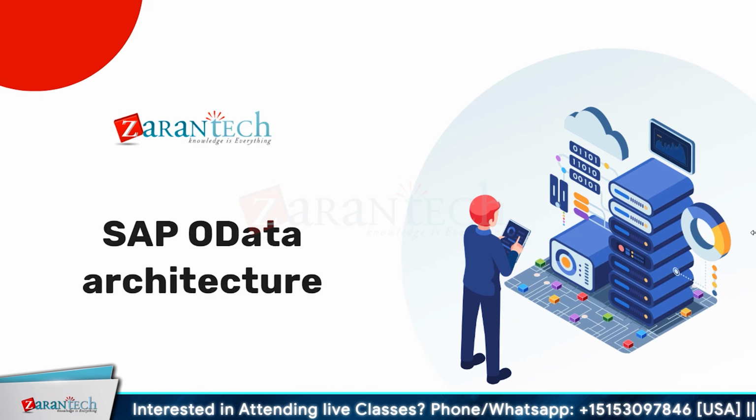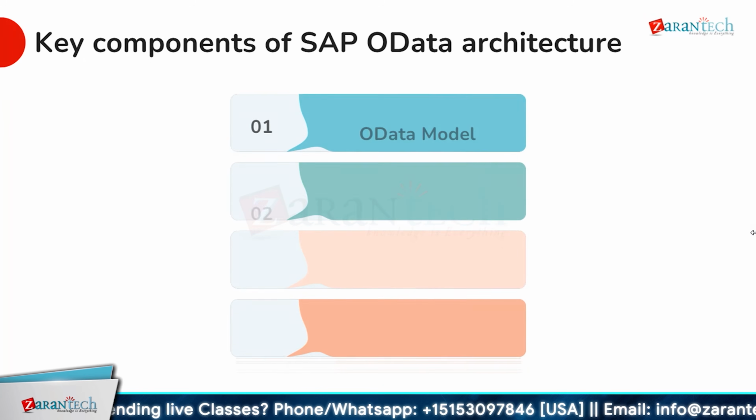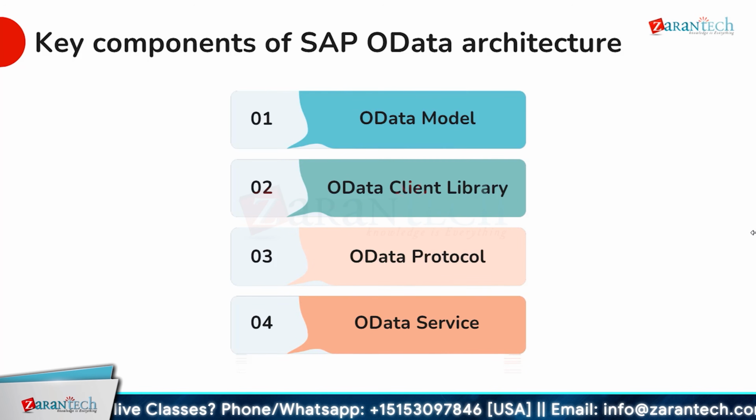Now, let us peek under the hood at the architecture. Don't worry, I'll keep it interesting. Think of SAP OData Architecture as a well-orchestrated symphony. Each component plays a crucial role. The OData service is like the conductor, coordinating how data flows between SAP and the outside world.